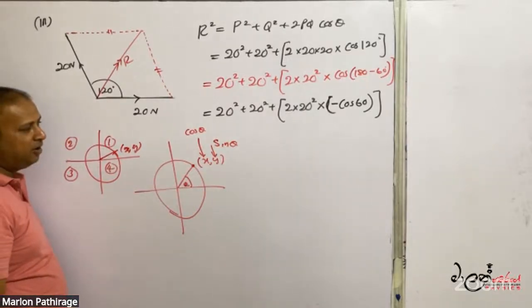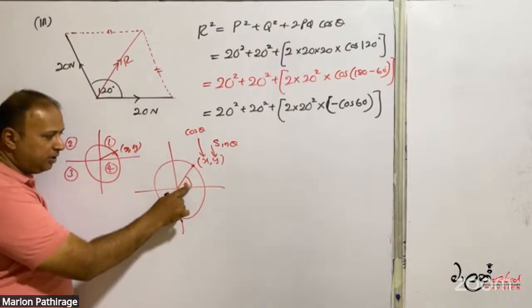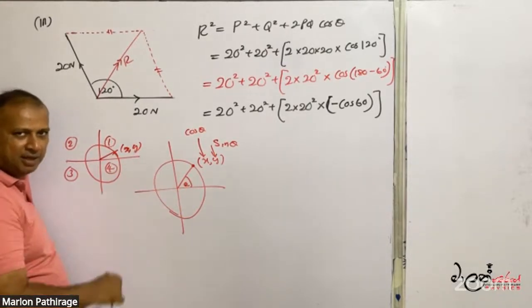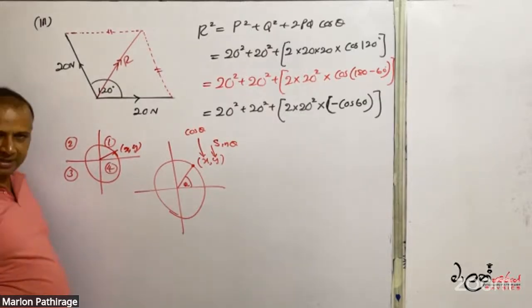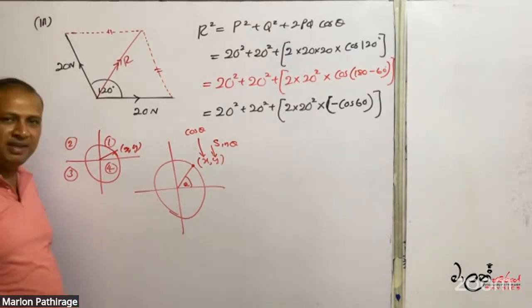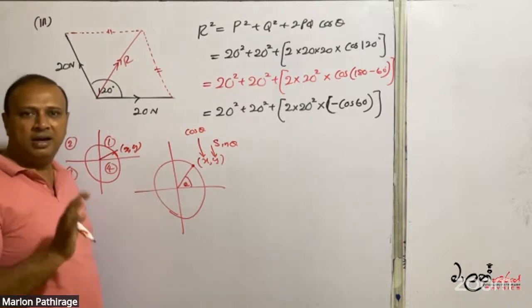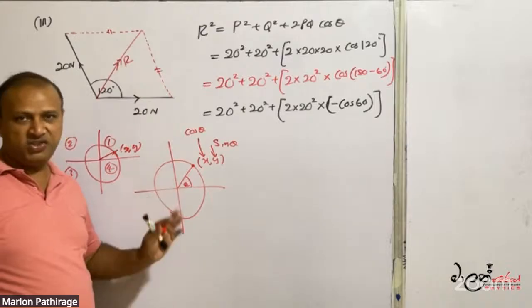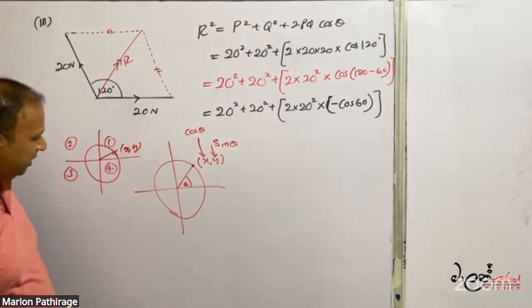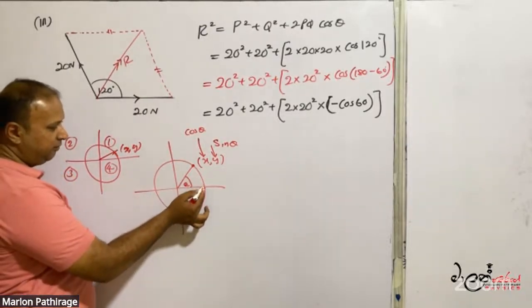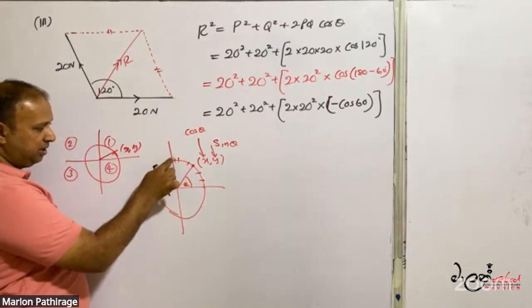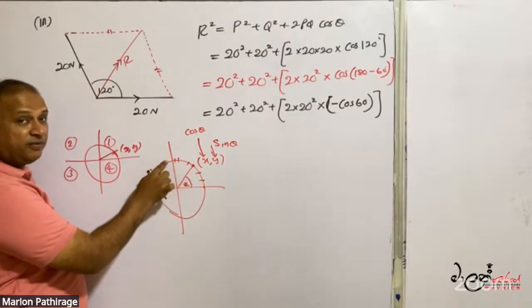Therefore, sin theta means that is the y value, cos theta means that is the x value corresponding to the unit circle. Therefore, it is very clear: from here to here means the first quadrant.